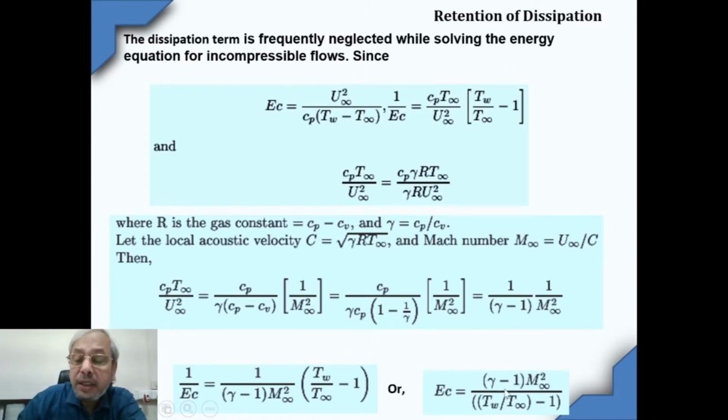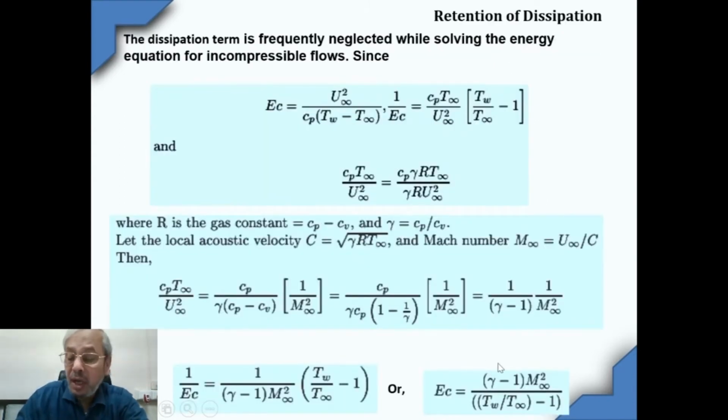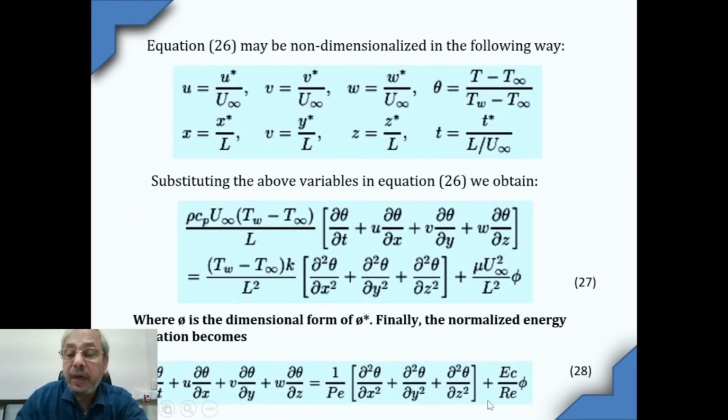So it's a very small number, starting after the decimal point, and this multiplier may be so small, and then further it will be divided by Reynolds number, and usually Reynolds number is moderate to large for such cases.